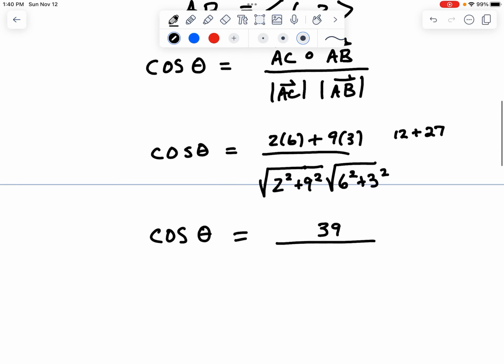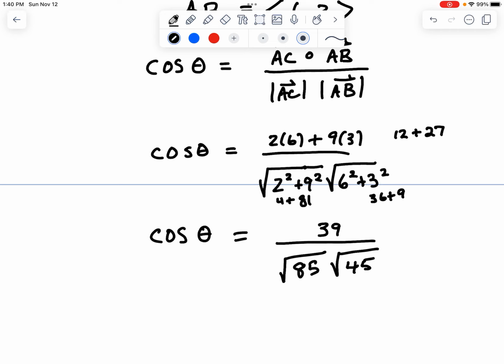And then for the square roots, this is going to be 4 plus 81, so that's the square root of 85. And then for the 6 squared, that's going to be 36 plus 9, so that's the square root of 45.